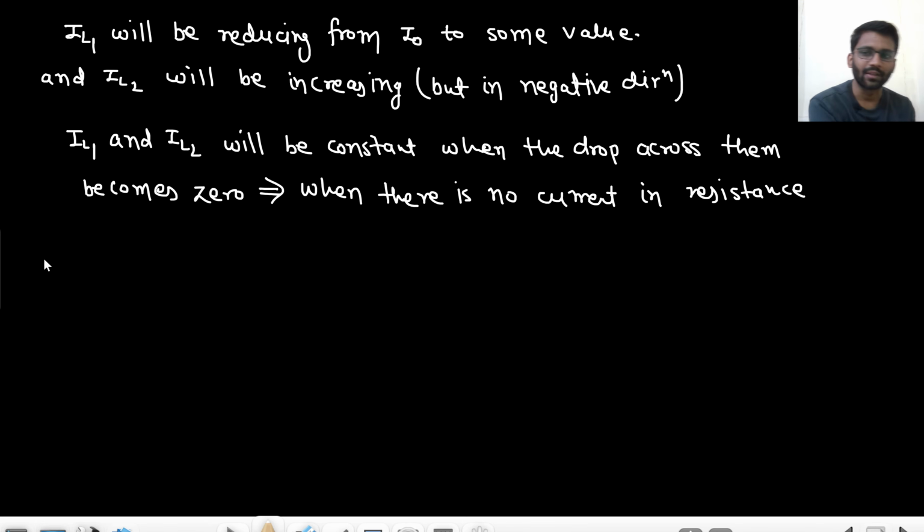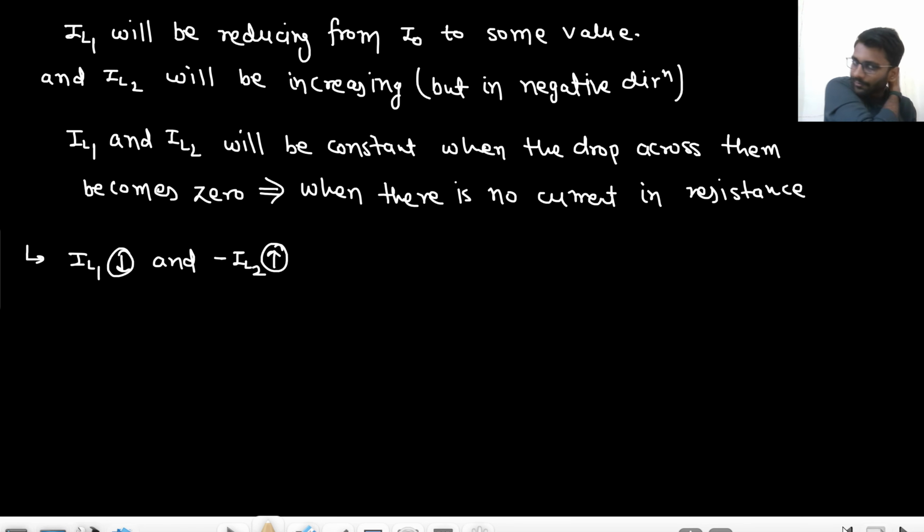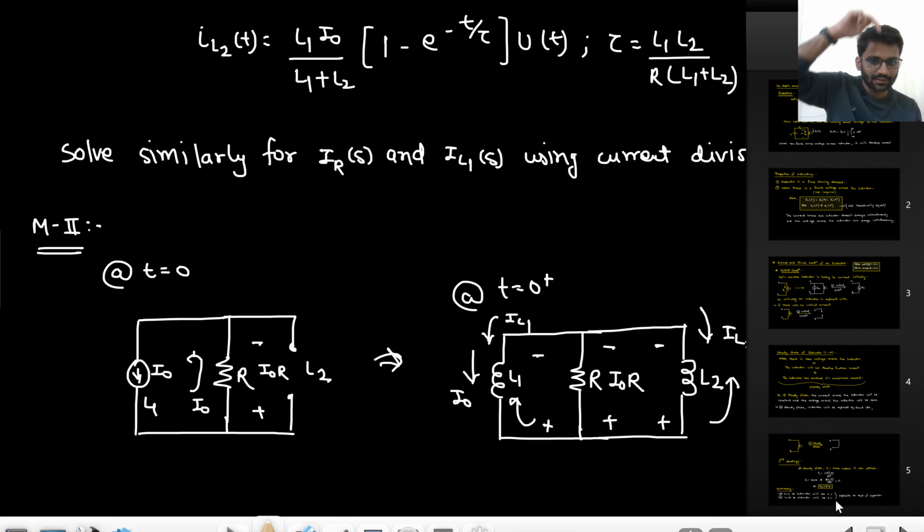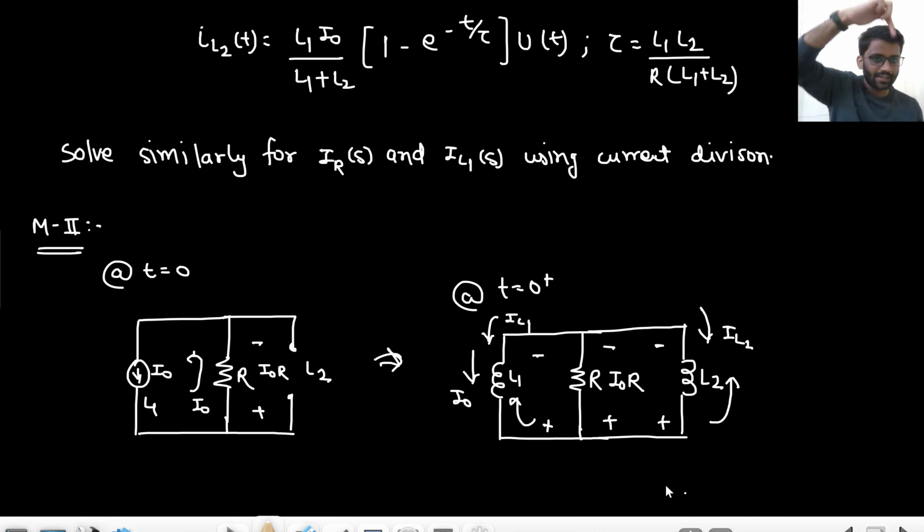So what is actually happening? IL1 is decreasing, and minus IL2 is increasing, right? Because the direction I have made is this, but the current is increasing in this direction.